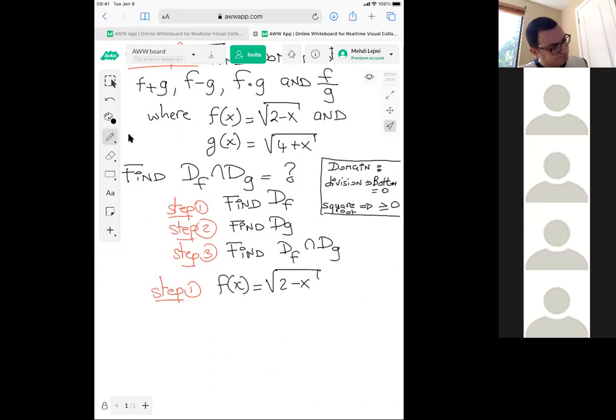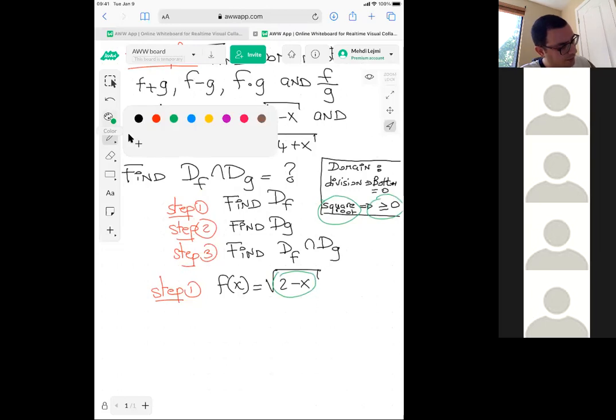Like here in this function f, we don't have a division, which is good news. However, we have a square root. So all you have to do is solve the expression under the square root larger or equal to 0. Under the square root, I have 2 minus x. So I need to solve 2 minus x larger or equal to 0.